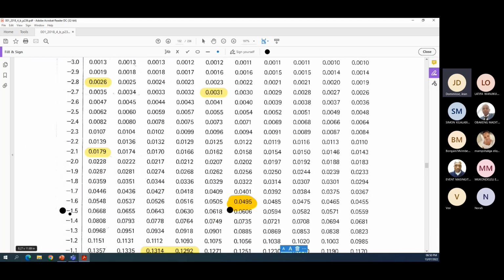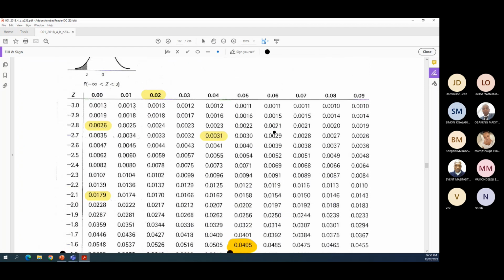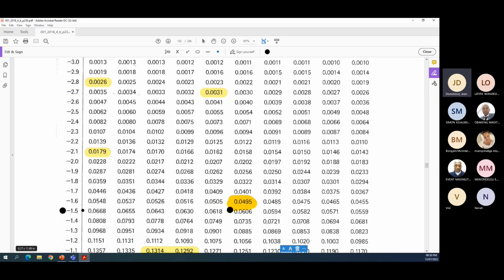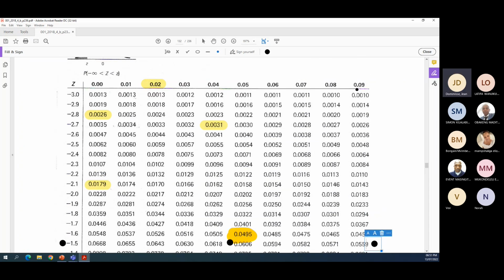So minus 1.5, and 1.59 is way to the other side. There we have a number of 0.0559. We went down to the first two, the minus 1.5, and we went across to the 0.09.